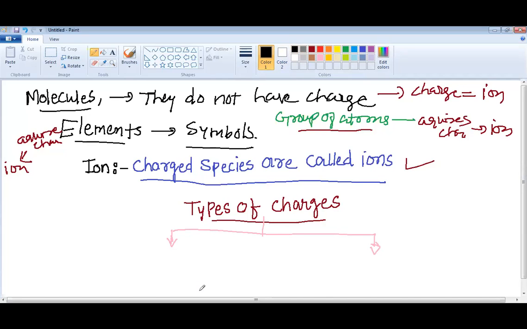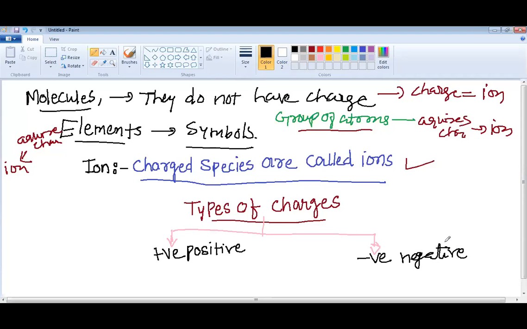Dear students, can you hear me? Positive charge and negative charge. Thank you. We can have positive charge, we can have negative charge. So the two types of charges are positive charge and negative charge.